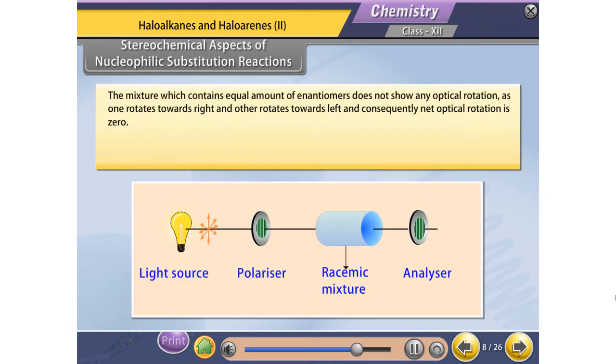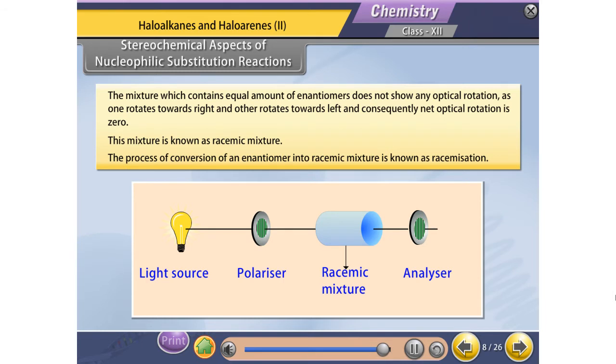The mixture which contains equal amounts of enantiomers does not show any optical rotation, as one rotates towards the right and the other towards the left, and consequently the net optical rotation is zero. This mixture is known as a racemic mixture. The process of conversion of an enantiomer into a racemic mixture is known as racemization.